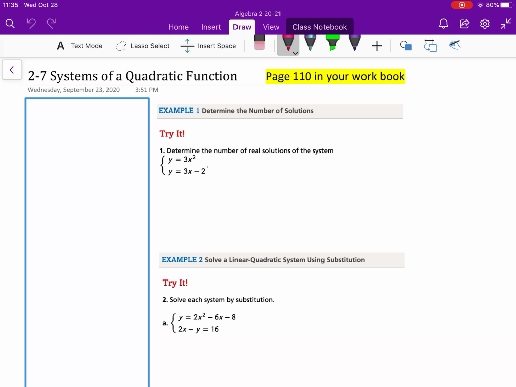So for our first example, when we dive right in, it says determine the number of real solutions. So for example 1, it's actually asking you how many times do the functions intersect?